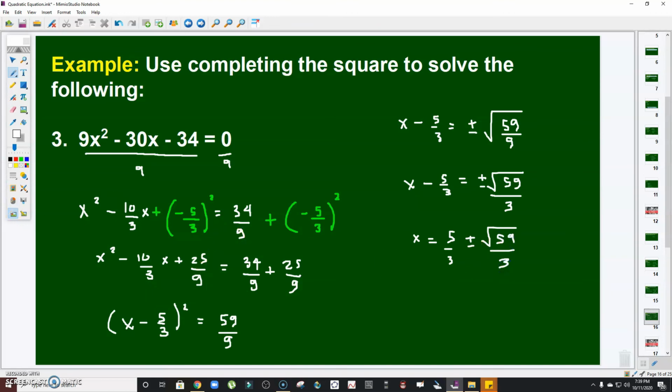Okay, but since both terms are divided by 3, I can write it as 1, all over 3. So that's it. You cannot simplify the square root of 59. So this will be our final answer.